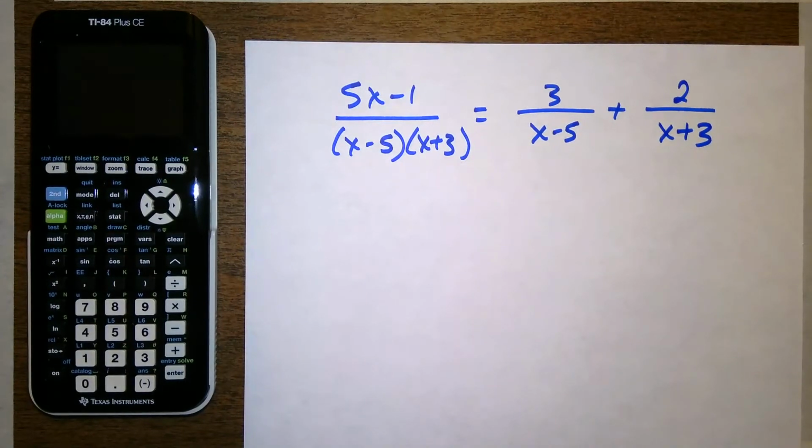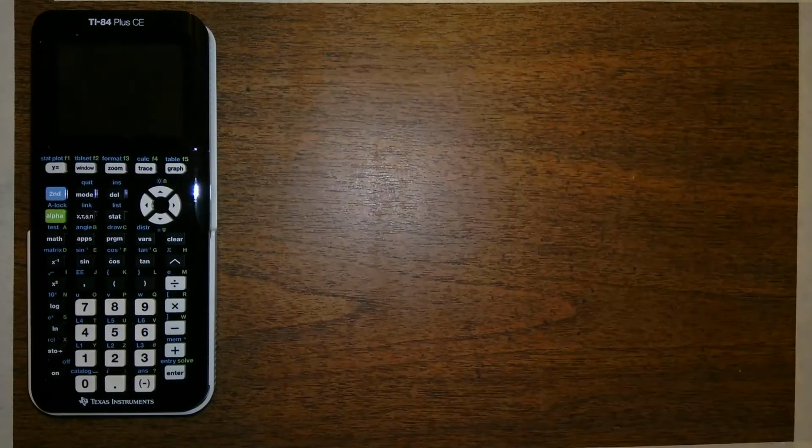Let's take a look at another example here, something a little bit harder. This one's going to have another bit of a twist in it, and we're still going to use that method.